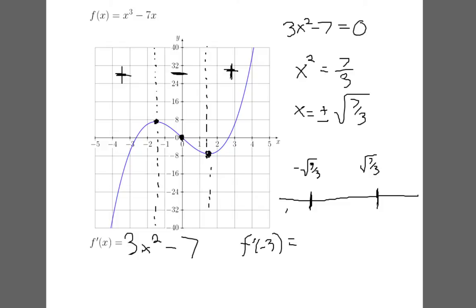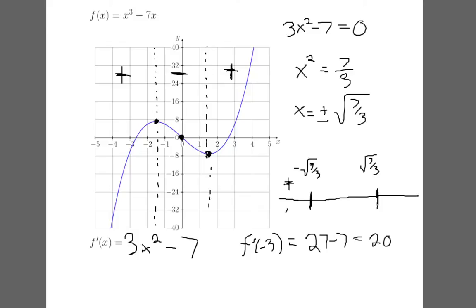That'd be negative 3 squared, so 9 times 3, 27. 27 minus 7 equals 20. So that's a positive number. So any value less than negative root 7 over 3 is positive, so our function is increasing there.